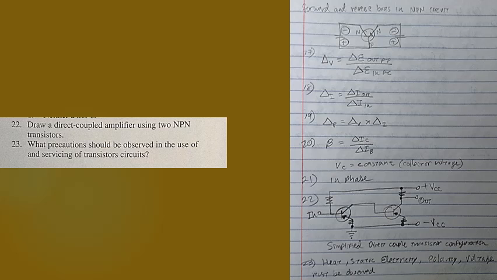The input and output waveforms of a common collector amplifier are, A, in phase. Question 22. Draw a direct coupled amplifier using two NPN transistors, and that is shown on the right side of the screen toward the bottom, number 22.